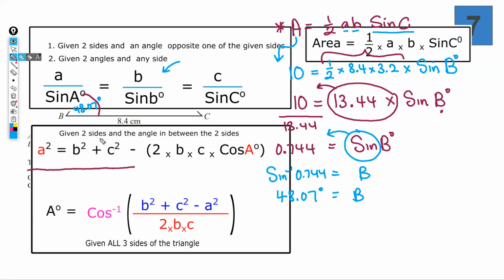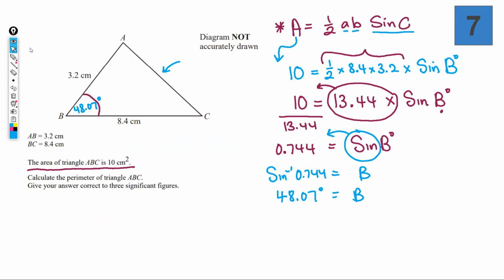You have two sides and the angle in between the two sides. That's the formula that you have to use. This time you're trying to find small b, because here's capital B, so here's small b, here's small a, and here's small c.